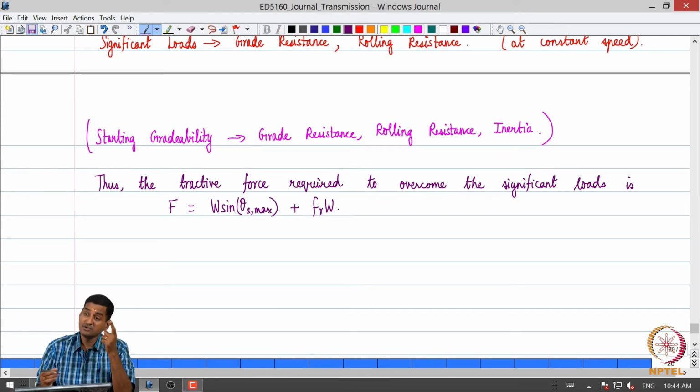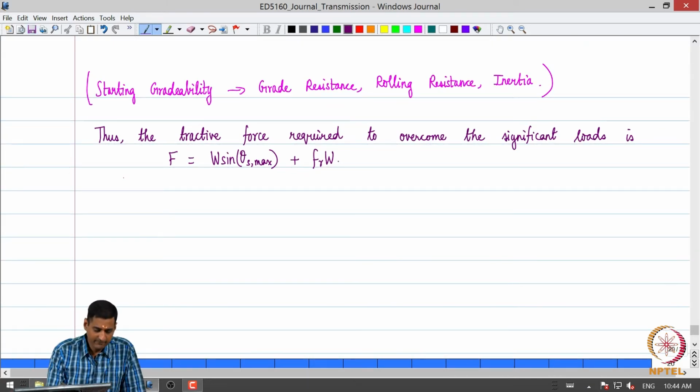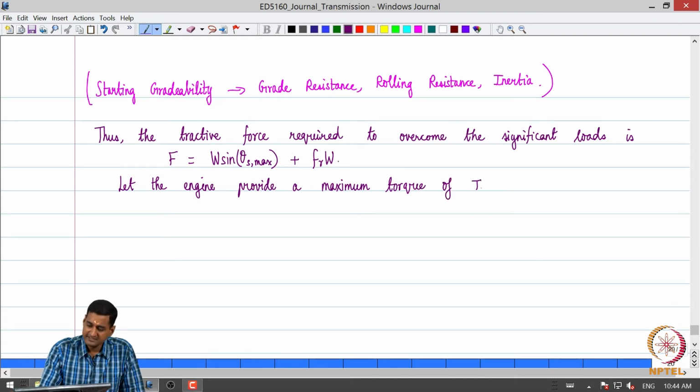Okay. So let us recall what we derived as the output of the powertrain in the previous class. We are going to use that expression. So let the engine provide a maximum torque of Te max.